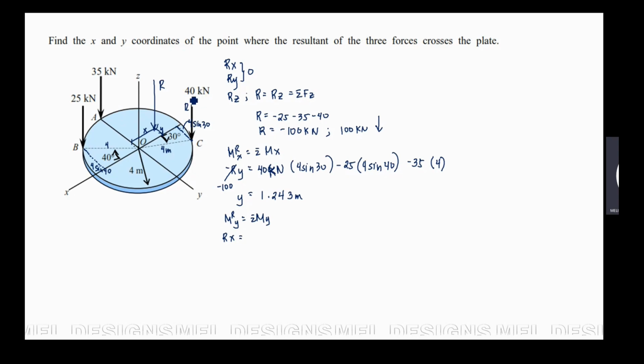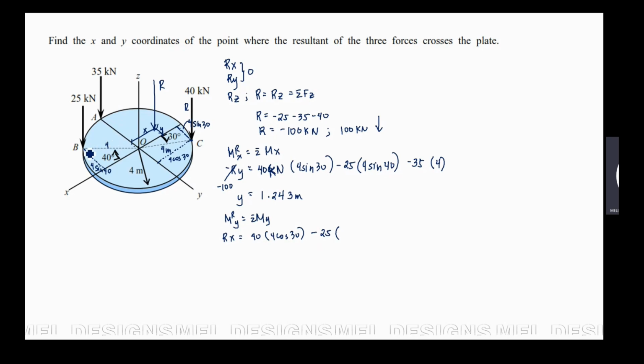So, unahin natin to. So, we have here 40. So, the distance is what? Ito yung magiging distance. Ayan. So, that is equal to 4 cosine of 30. So, positive kasi clockwise direction. Next, dito na. So, we have minus 25 multiplied by, so, moment tayo sa y-axis.